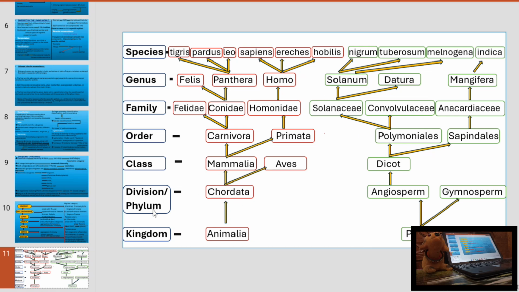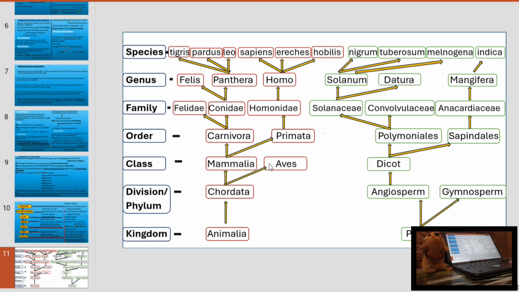From division or phyla, the Animalia kingdom gives rise to phylum Chordata, and the Plantae kingdom gives rise to divisions Angiosperm and Gymnosperm. Chordata gives rise to classes Mammalia and Aves. There are many classes actually, but these are the examples given in NCERT for taxonomic categories.